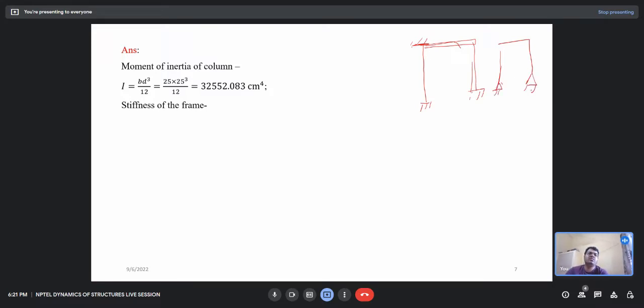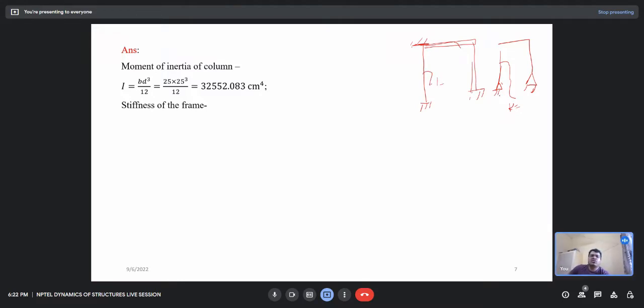For a hinged single column, what is the stiffness? Is it 3EI by L cubed? Yes, that is 3EI by L cubed, and for the fixed case, it will be 12EI by L cubed.